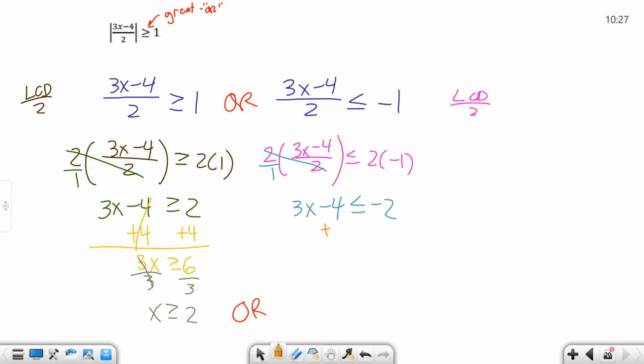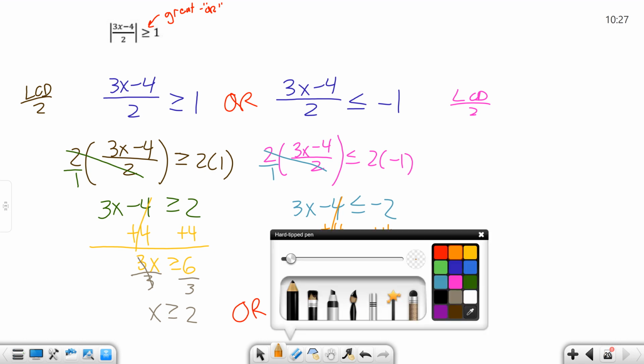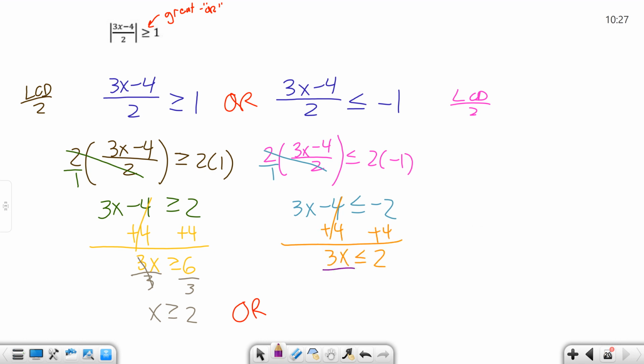And then I say, okay, let me add 4 to both sides. 3x less than or equal to 2. And then finally, divide both sides by 3, right? So then x is less than or equal to 2/3.